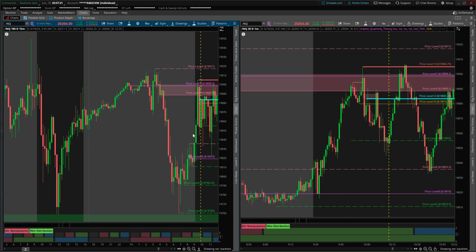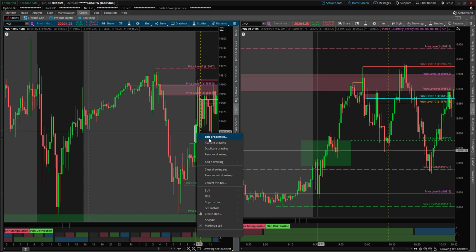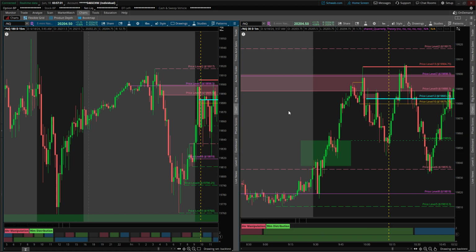15-minute bullish fair value gap. That was my first target. So my first target was the beginning of this 15-minute fair value gap.